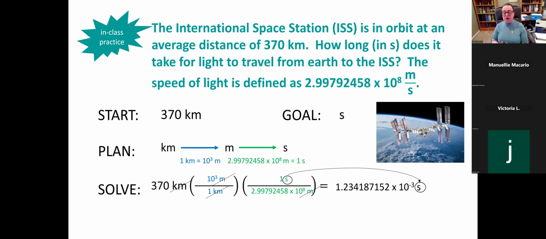All right. This is what my calculator gives me. Oh my gosh, so many digits. I put the units over there. How many significant figures should be in our answer? Well, we have to figure out what we used to get there. So how many significant figures are in 370?